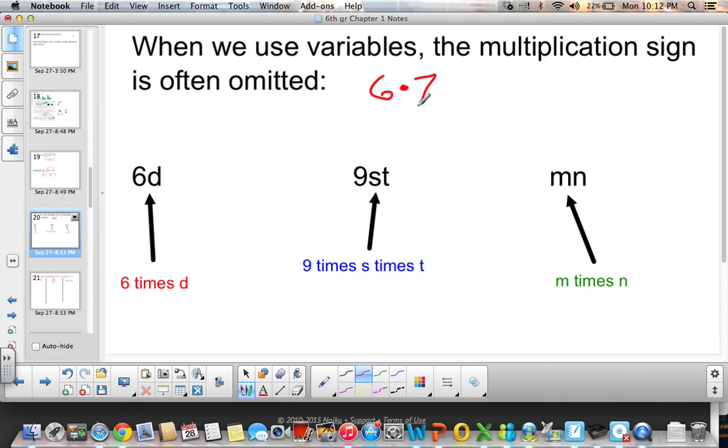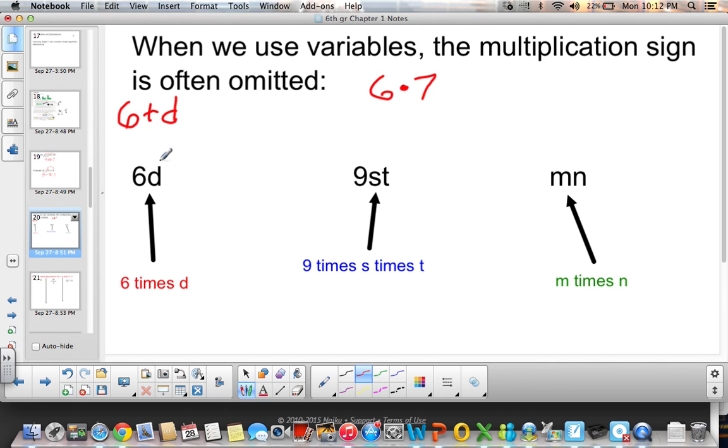But if we have a number and a variable together, we don't even need to use a multiplication symbol at all. If there's a number and a variable right next to each other, it tells us that they're being multiplied. So 6d would be the same as 6 times d. If it was being added or any other operation, the operation symbol would be in there. Okay? 6 plus d would be like that.